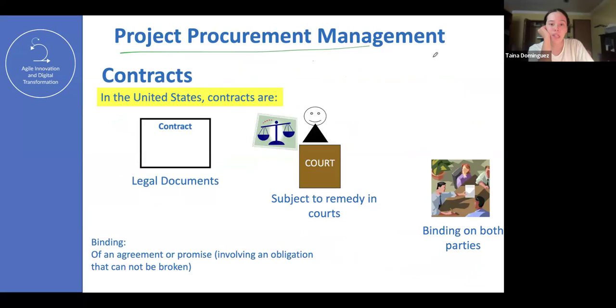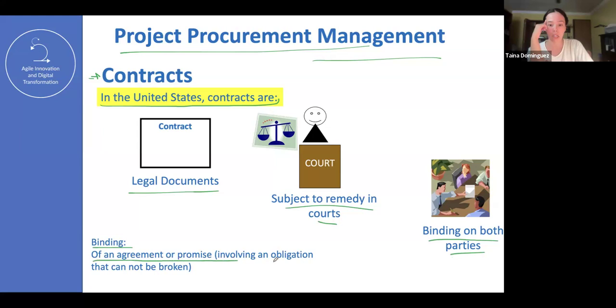Project procurement management. Contracts. In the United States, contracts are legal documents subject to remedy in courts, binding on both parties. Binding of an agreement or a promise involving an obligation that cannot be broken.